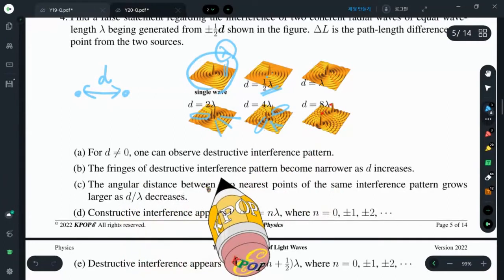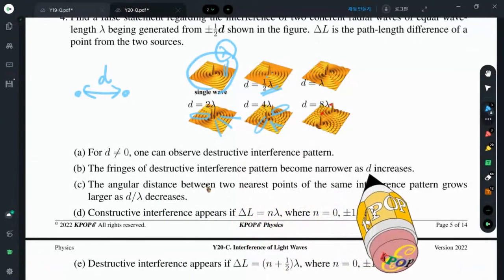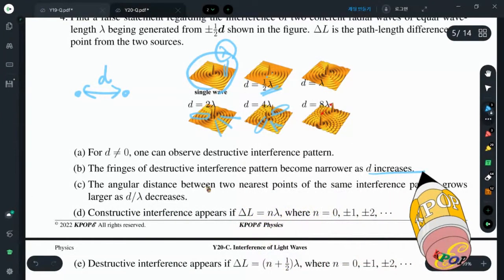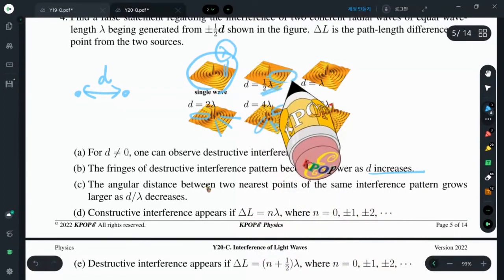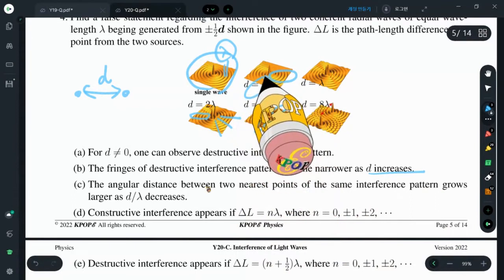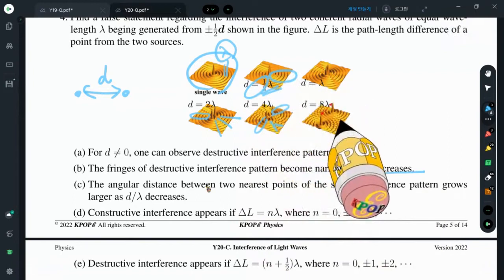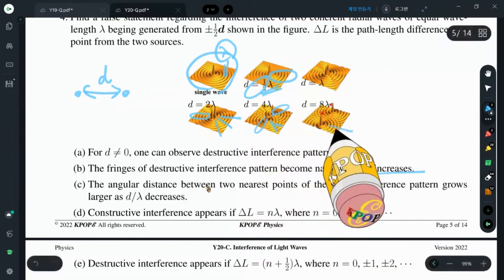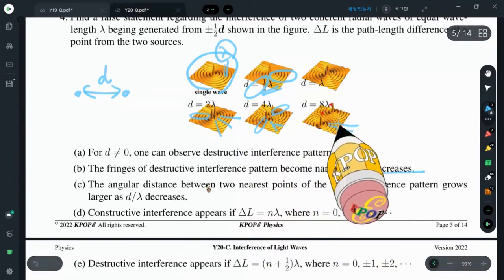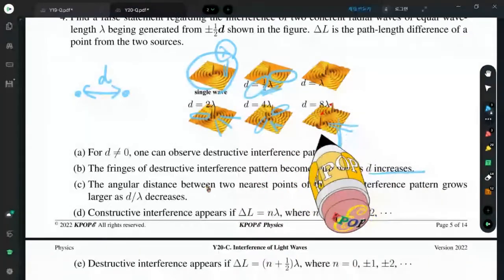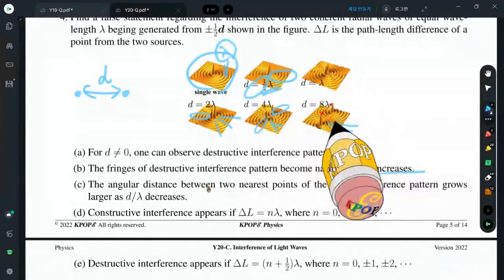The fringes of the destructive interference pattern become narrower as d increases. Yes, the pattern changes. It seems that there is constructive and destructive interference. The scale becomes narrower and narrower, and you can see the gap between the two nearest destructive interference points or constructive interference points. They look very busy.